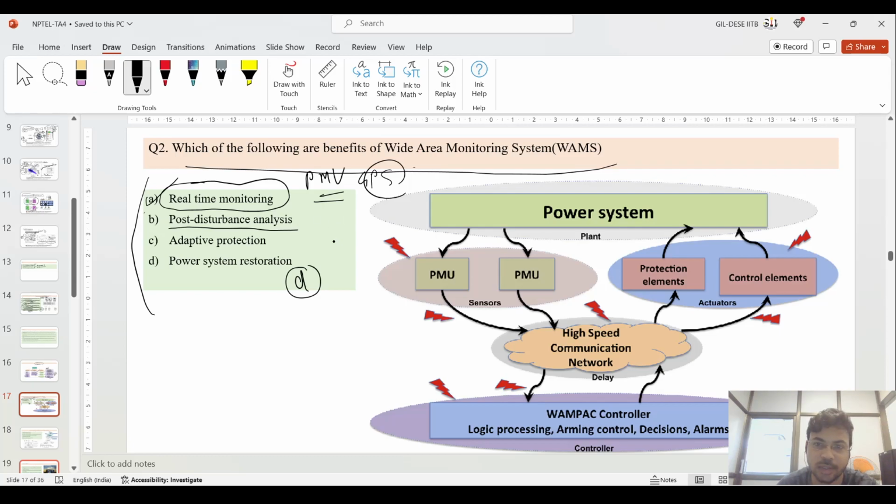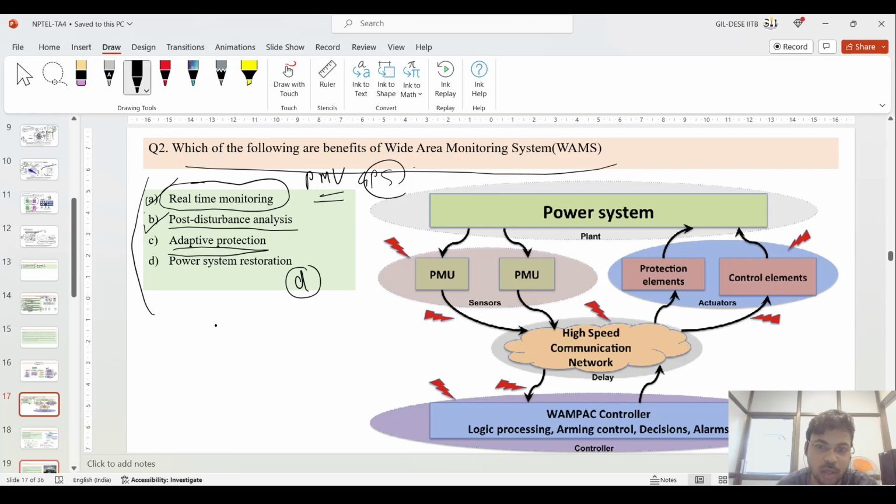This is an example benefit of real-time monitoring. Post-disturbance analysis is also one, because you have data centers which collect the data and store it in databases. So post-disturbance analysis can also be done using the WAMS system.